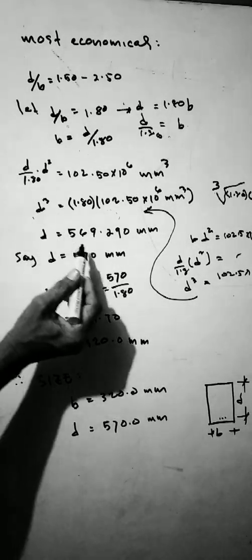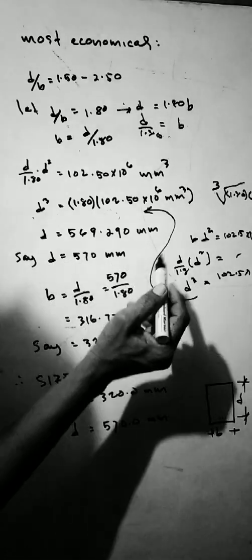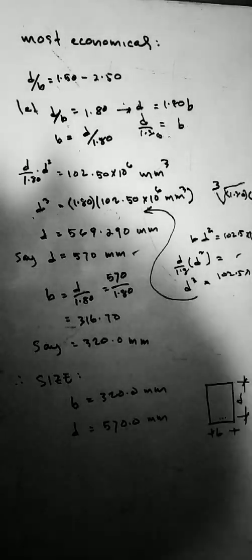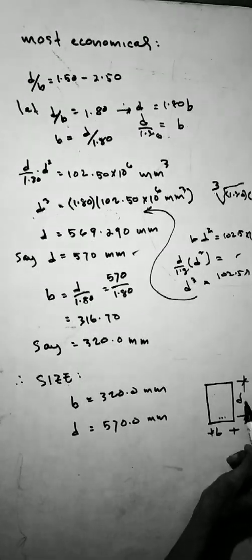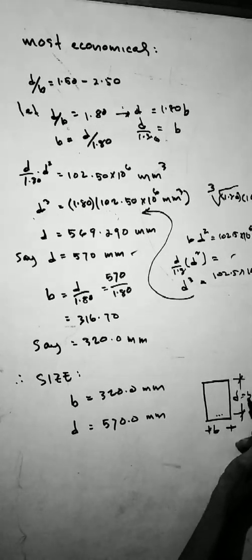So say d is equal to 570 millimeter. This is now our d, 570.